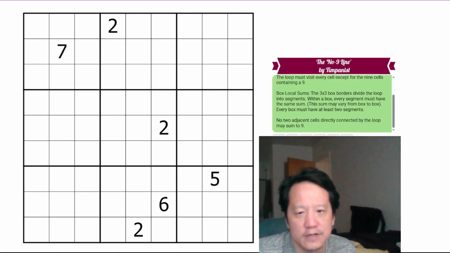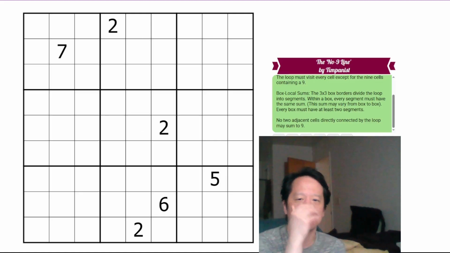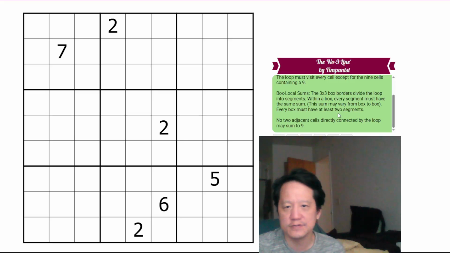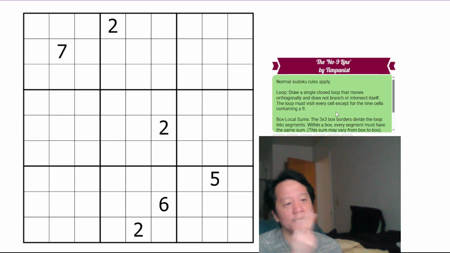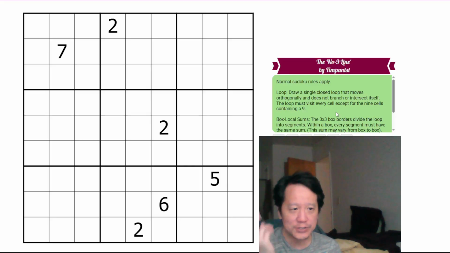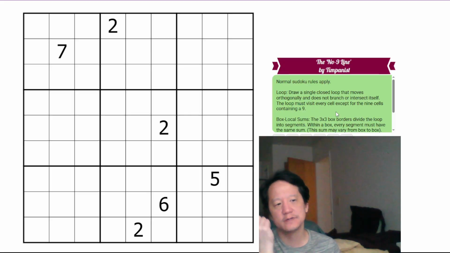Let's go. Okay, how do we tackle this? So none of the 9s are on the loop. There has to be at least 2 segments on the loop. So no 9 is on the loop. That means the loop must go through every cell that's not 9 in the box. So every box must sum to 36.